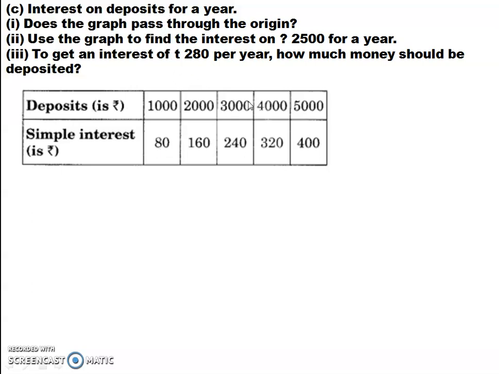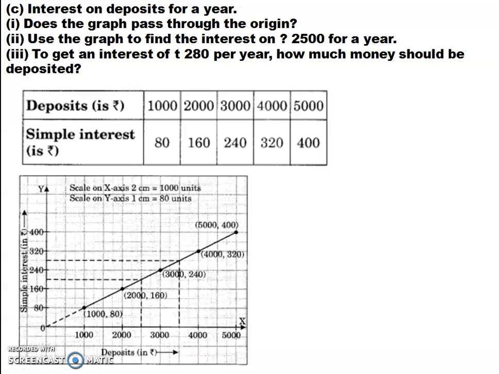Now let us first draw the graph. Can you think which will be on the x-axis? The x-axis will be deposits and the y-axis will be simple interest. Here is the graph. You have simple interest along the y-axis and deposits along the x-axis.